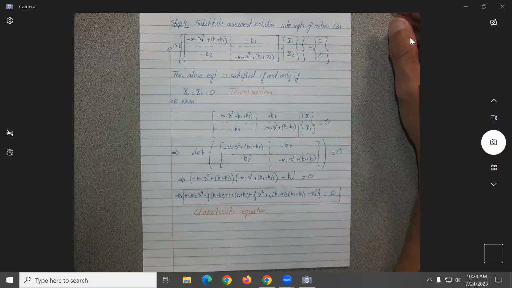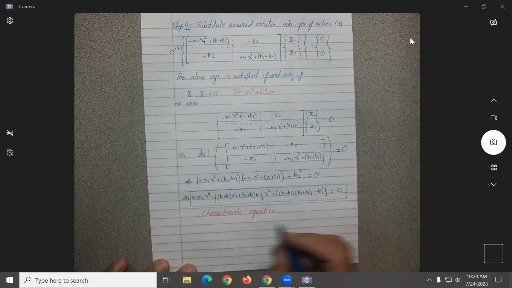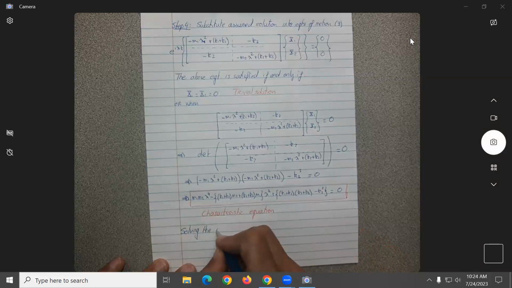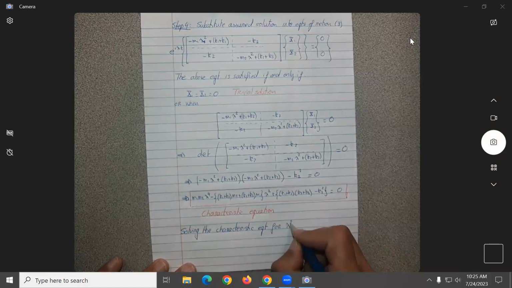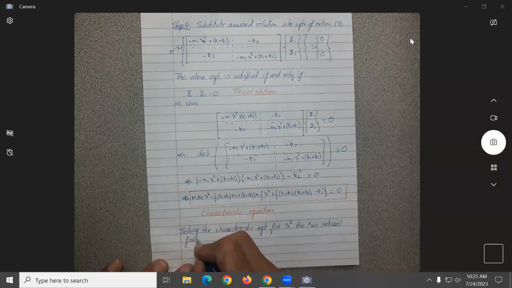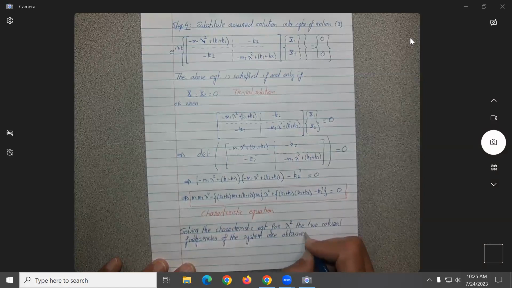Okay, so now pay attention. Solving the characteristic equation for lambda square, the two natural frequencies of the system are obtained.